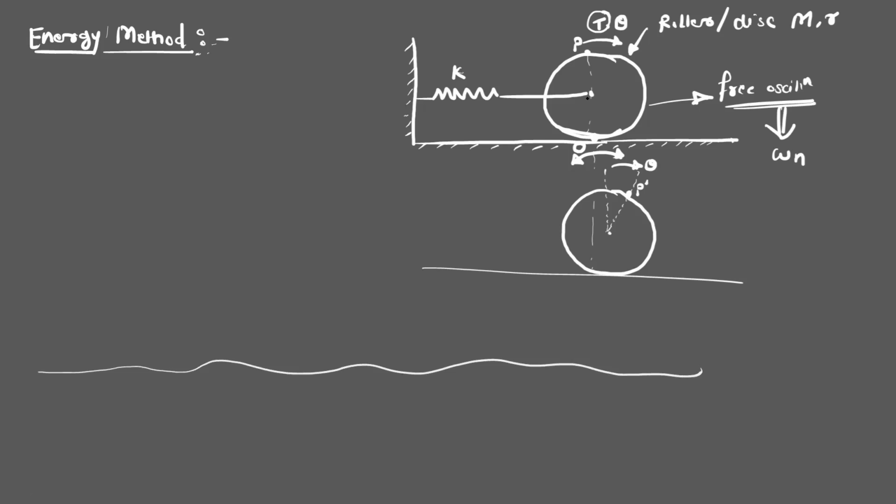They have vibrating wheels, and the wheel can have an arrangement of spring like this. For such a system you can find out the natural frequency by this simplified model. I will draw the road roller so you can understand the exact arrangement.